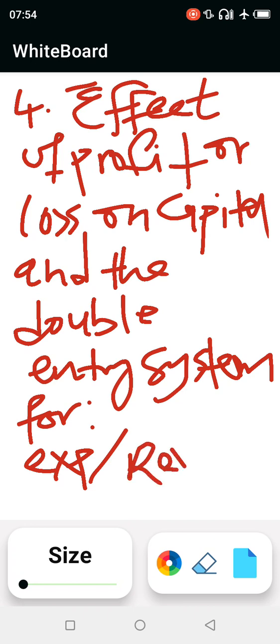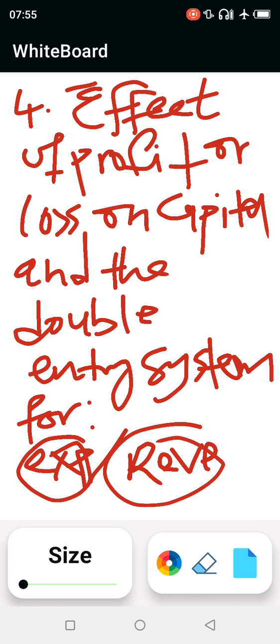Okay, so that's going to be our content number 4, which is the effect of profit or loss on capital, and the double entry system for expenses as well as revenues.